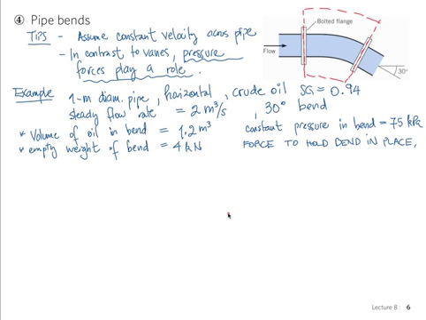So we have a reaction that I'm going to draw as an average reaction for the whole bend in two components, Rx and Ry. Those are the reactions that we need to find. Free body diagram, so far so good, but in this case we also have to consider the pressure.